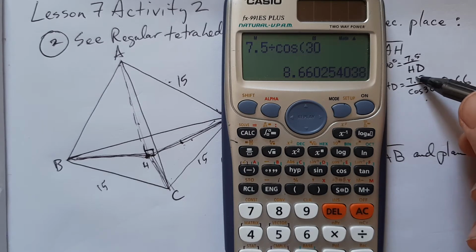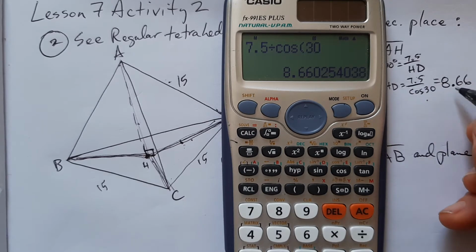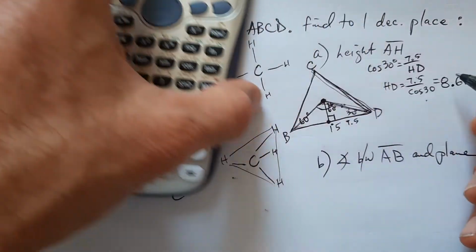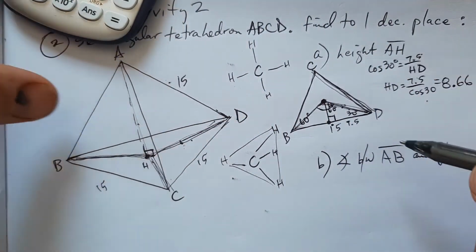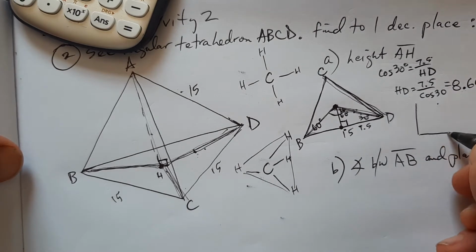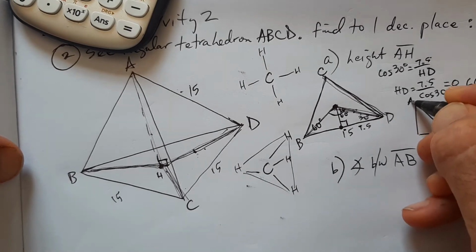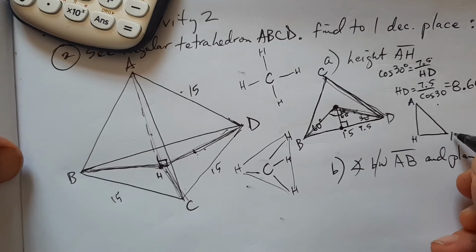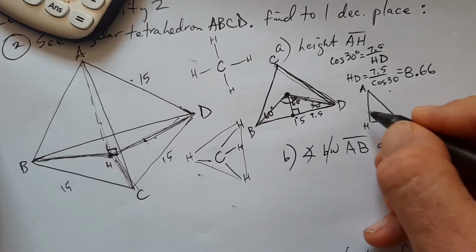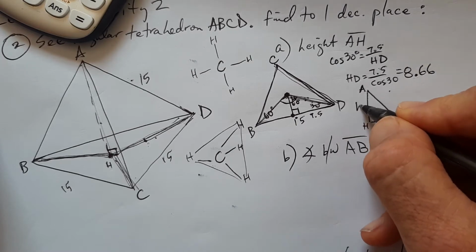Anyways, 8.66 is my HD. So then AH is, I'll go back, if I needed to draw another triangle, I got AHD. Okay? And this is what I want. This is my height.